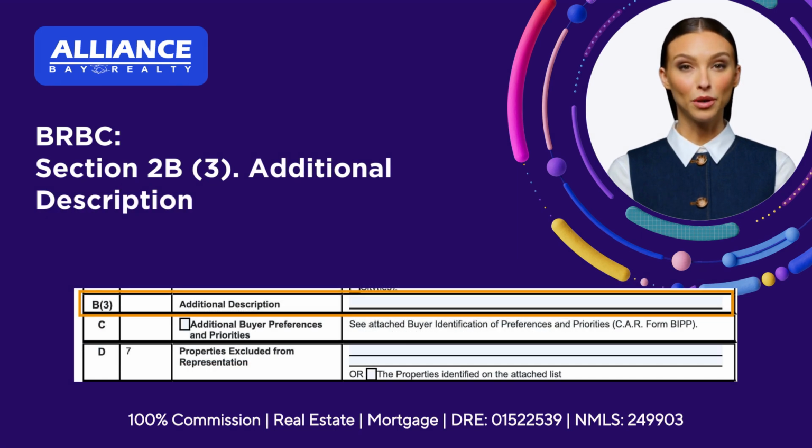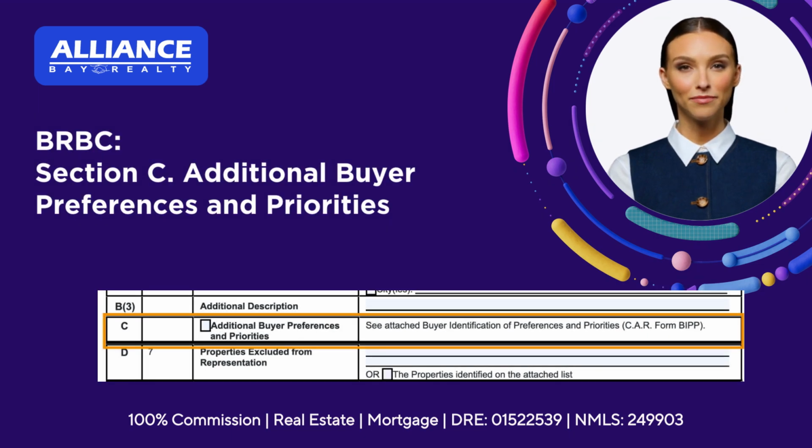Section 2B3, Additional Description. Use this section to capture extra details of the search, things like price range, bedroom count, or special needs. It's not required, but it can help align expectations and show you've really listened to your buyer. Section 2C, Additional Buyer Preferences and Priorities.